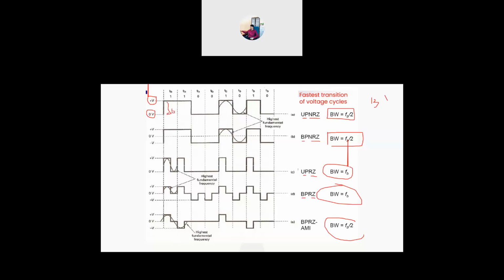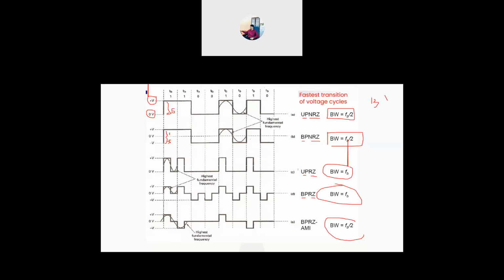So to the positive side it will be positive 5 volts, and here it will be negative 5 volts. So the peak to peak is still maintained. It's just the polarity used. So here is your 1 1, and then 0 0 0 1 and 0.